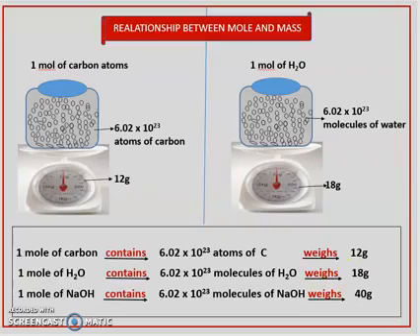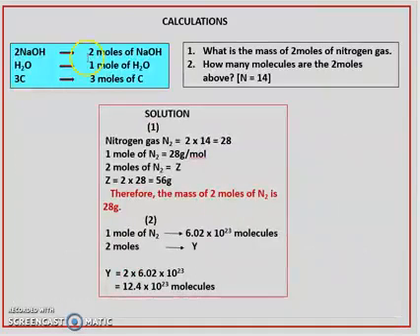Okay? So having known this now, when you see the formula of any compound written, the number of moles is written in front. For instance, this is sodium hydroxide molecule and we have 2 in front. This means 2 moles of sodium hydroxide.